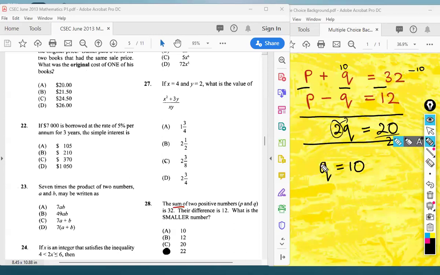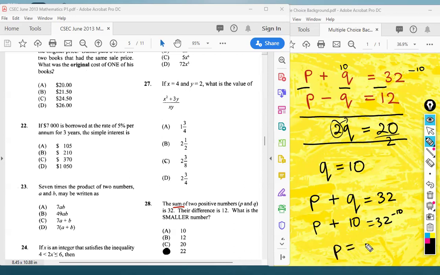Once we get the value of Q to be 10, we run back to any equation. I'm going to run back to the first equation. Sorry guys, let me work it out. I'm just tying up myself. So P plus Q is equal to 32, right? We just realized Q is 10, so I'll replace the Q with 10. Throw across positive 10, you'll get minus 10.